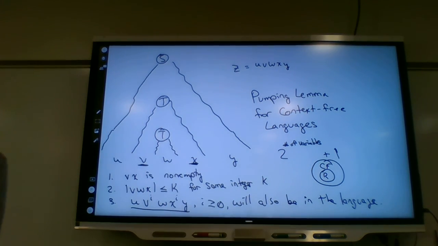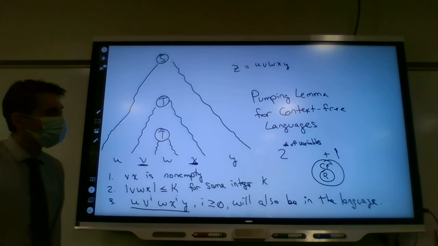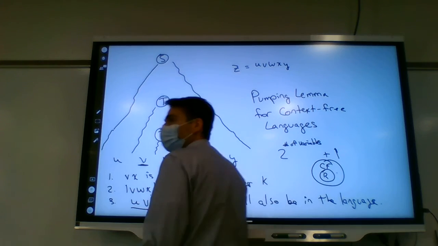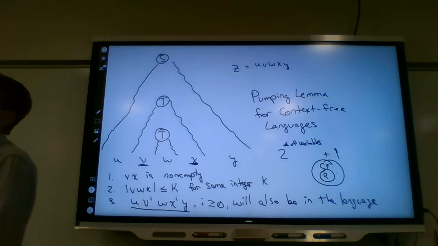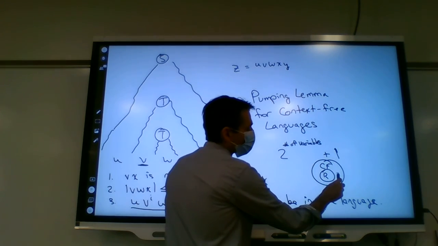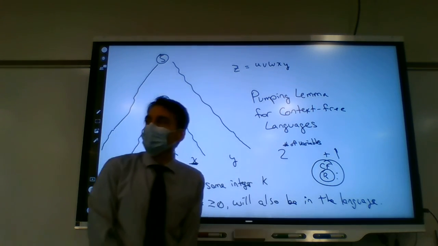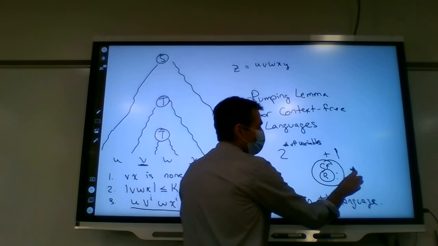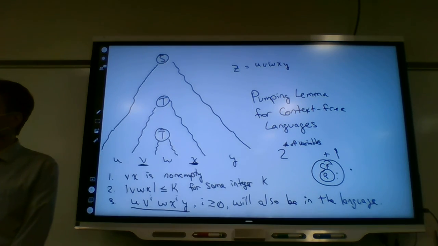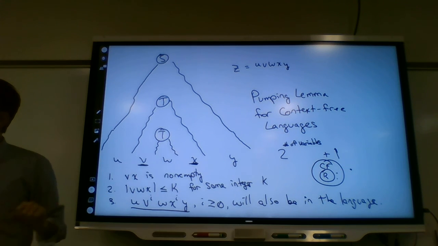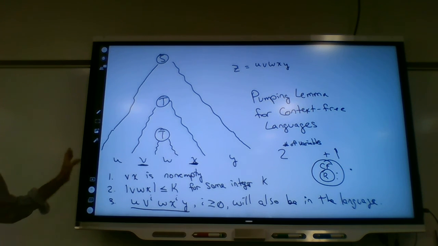Now, if it's not a regular language, it could still be context-free. We have seen palindromes and equal numbers of zeros and ones and lots of languages that are out here. That's a big differentiation between them. And there are other languages that are out here, of course, and this is how we can prove that there are languages outside that.